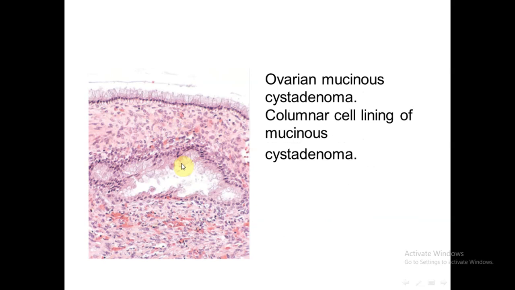Here, the microscopic feature of ovarian mucinous cystadenoma: we see a single layer. This is the lumen, and this is the lining epithelium. We see a single layer of basally located uniform cells with no prominent atypia or features of malignancy, and this is the cytoplasm, which is mucin filled.